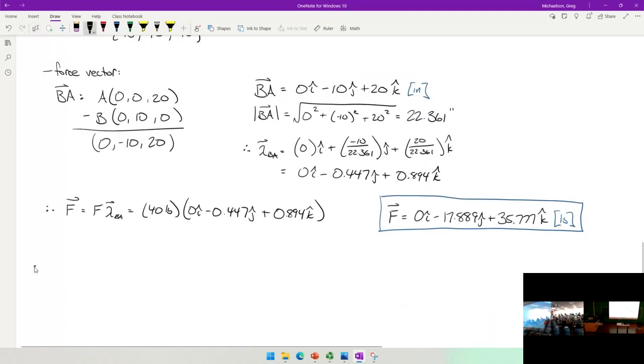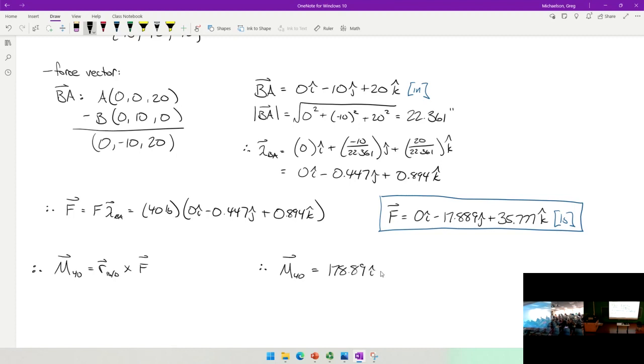When you chug that out, we get the moment vector, which is R B slash D cross with F. When you chug that out, you get M equals this. And that's in that.